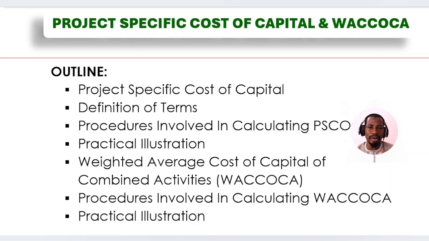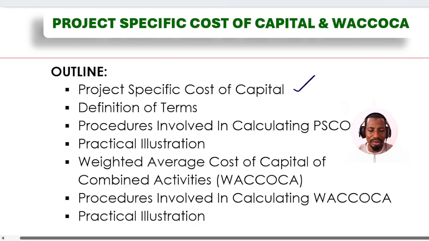The debt equity proportion is the percentage of equity and debt as shown in the capital structure of a company. So once the proportion of equity and debt is going to change as a result of undertaking the project, then the existing WACC will not be suitable again to appraise a new project. So that is basically what project-specific cost of capital is all about.